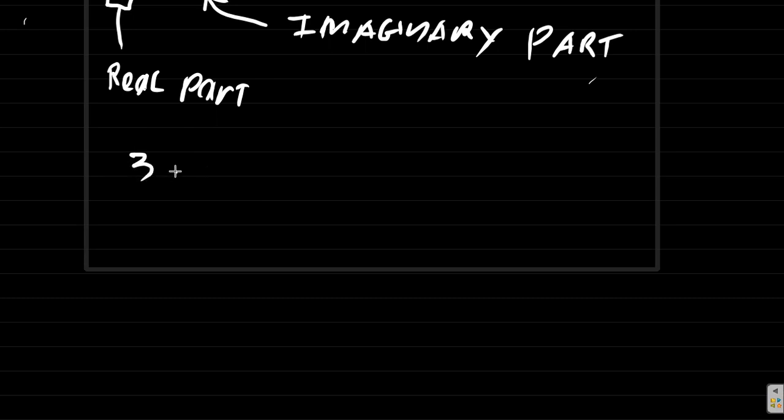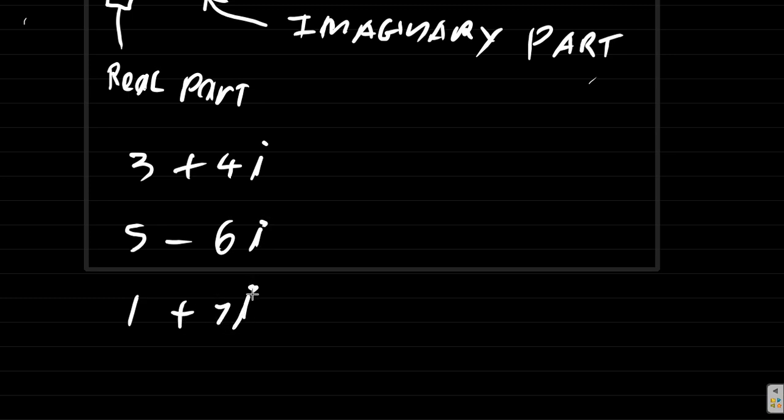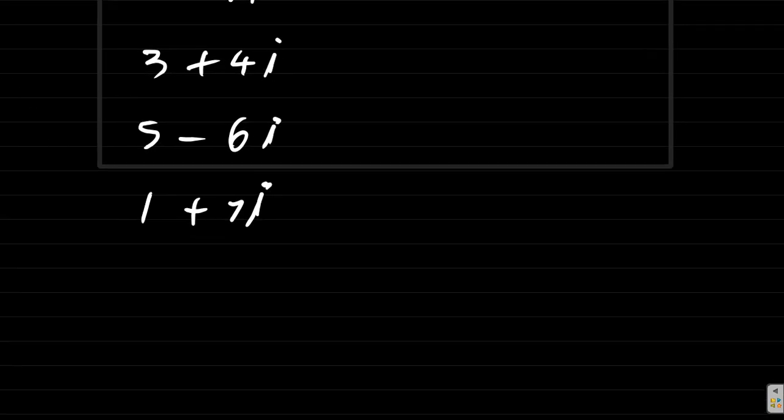Suppose you have 3 plus 4i, say 5 minus 6i, 1 plus 7i. Then we also have 4, and we also have 3i.